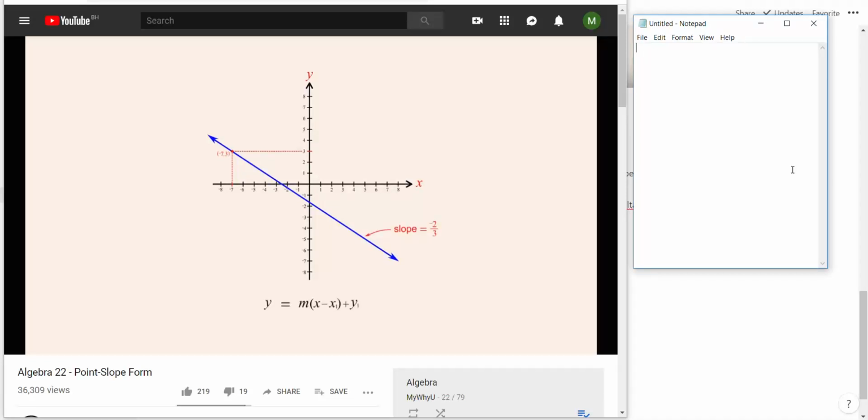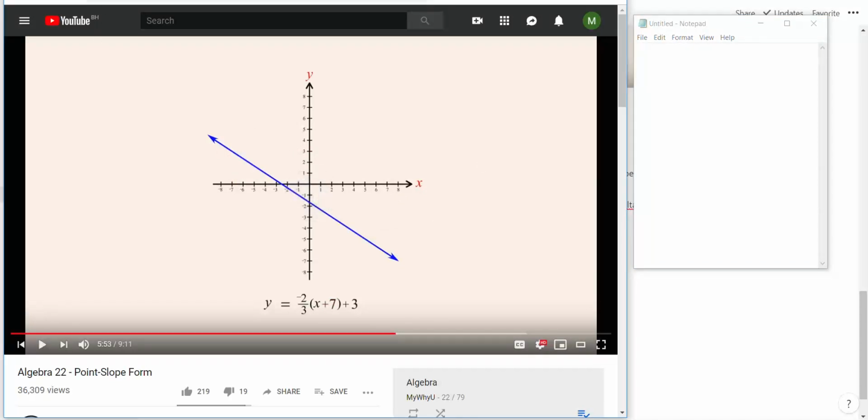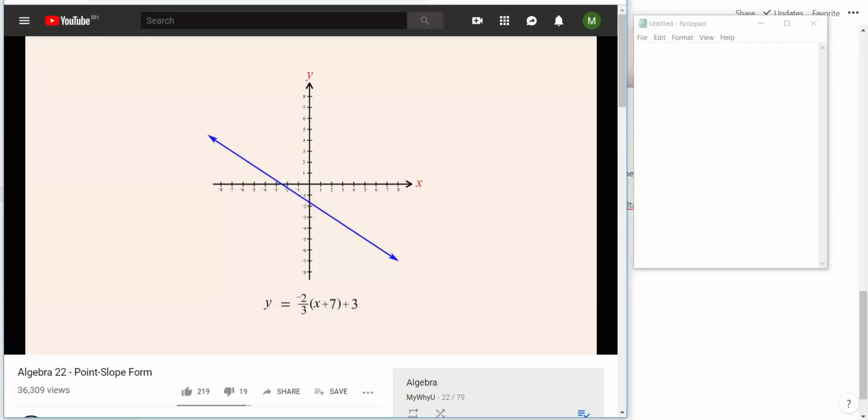Using the point-slope form, we set the value of m to the slope, -2/3, and the value of x1 and y1 to the coordinates of the known point, -7 and 3. This equation can be simplified if instead of subtracting -7, we add +7. The equation for this line is now written in point-slope form.